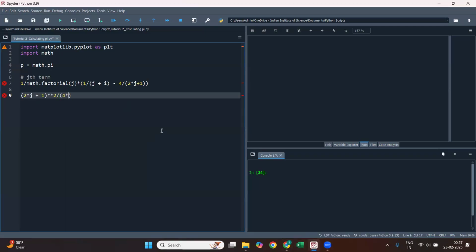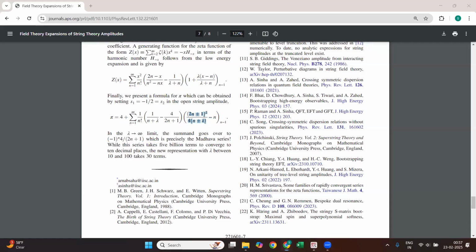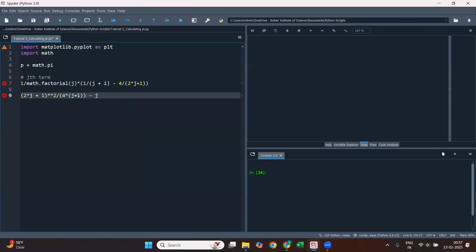So 4 times j plus lambda, we've called i, minus j. So that gives us the first term of this.